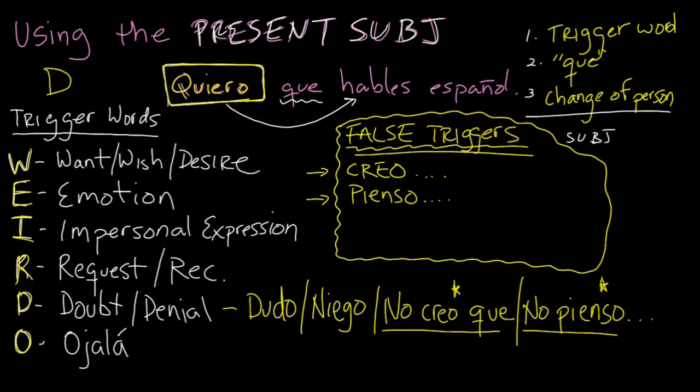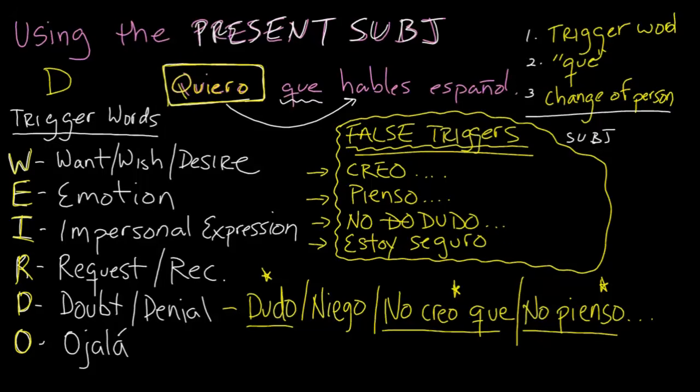Another one that we need to be real careful of is we have I doubt, and that's a trigger word. But if we have I don't doubt, that again is one of our false triggers. One more that we could put in here would be estoy seguro. I am sure that.